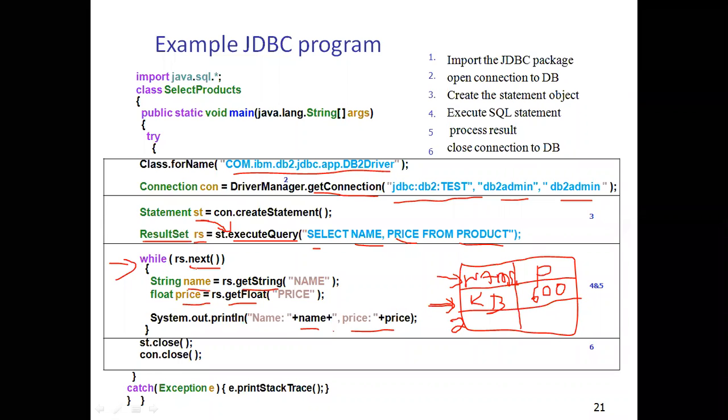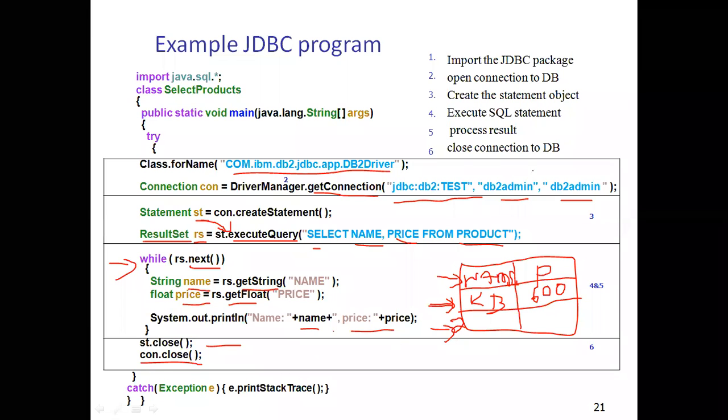If yes, rs.next increments the pointer, and now the pointer is pointing to the second row. Whenever it reaches the last row, the control comes out of this loop. Then it will close the connection, that is statement close, then connection close.